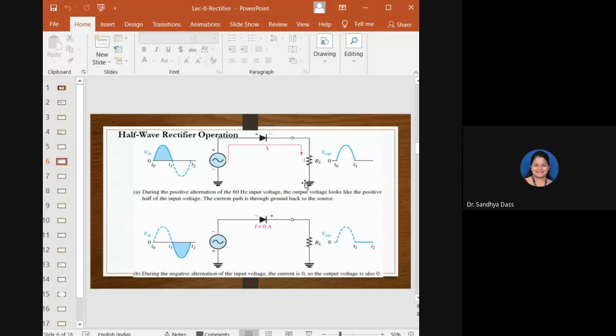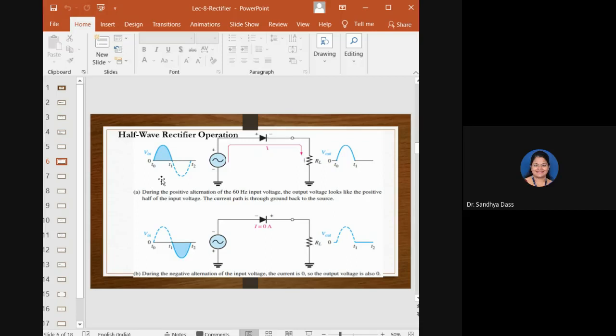Now observe there is RL connected, the load. The current flowing in the circuit produces the output voltage across the RL, which you measure with respect to ground. The output shown here has the same shape as the positive half cycle of the input voltage.